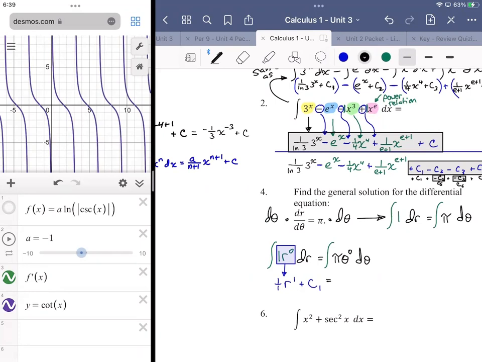Increase my exponent by 1, so it becomes pi theta to the 1st power. Divide by that new exponent, pi over 1, theta to the 1st. Now it's going to have its own constant that we'll call C2. So cleaning this up, we would have r plus C1 is equal to pi theta plus C2.